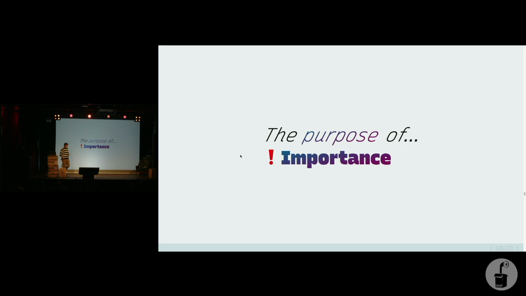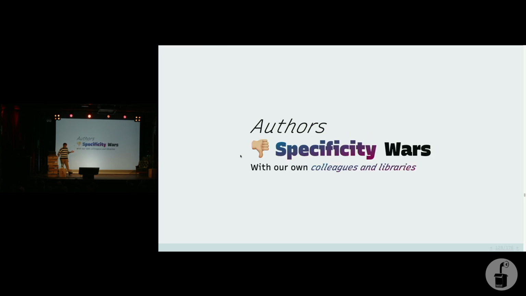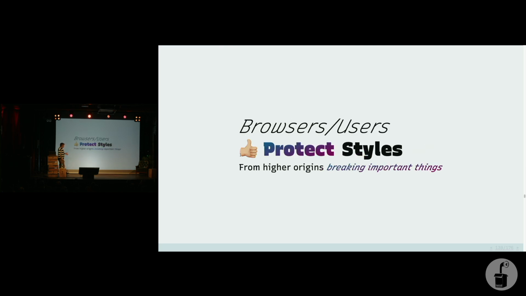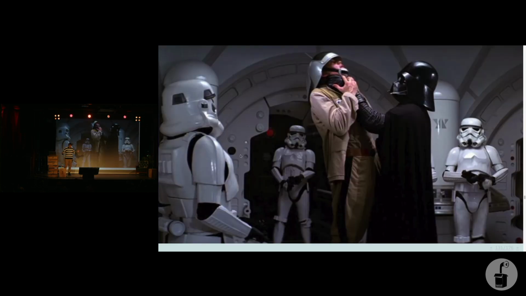So the purpose of importance is not for us to get into these petty specificity wars with each other, but specifically for browsers and users to protect styles from us. We're going to come later, and they need to say, I know that I go first, but also some things are important. Please leave these in place. And that's how they protect themselves from our stomping around.